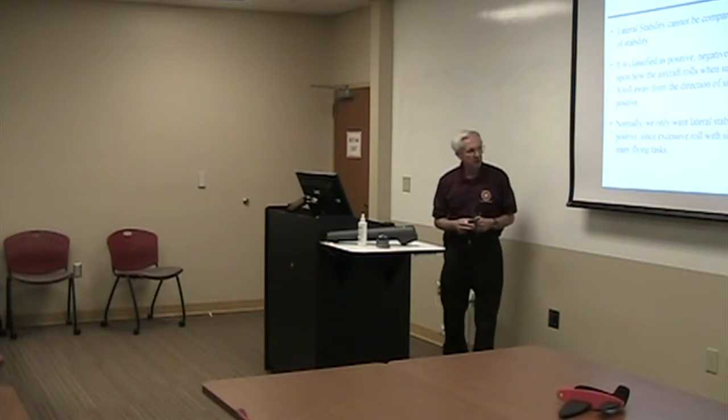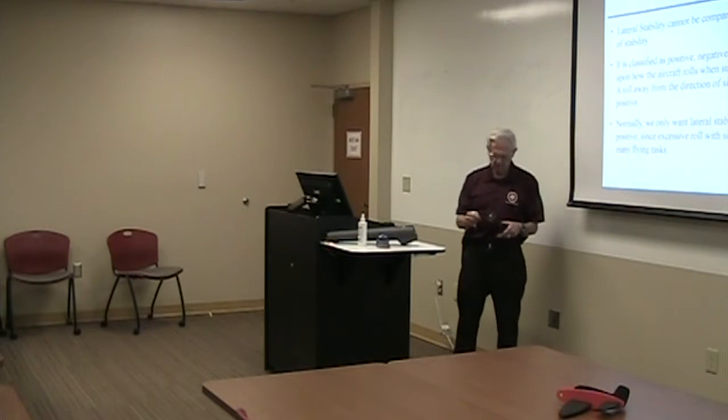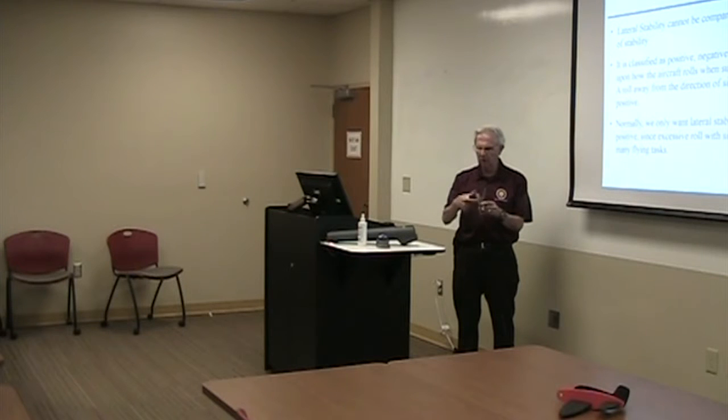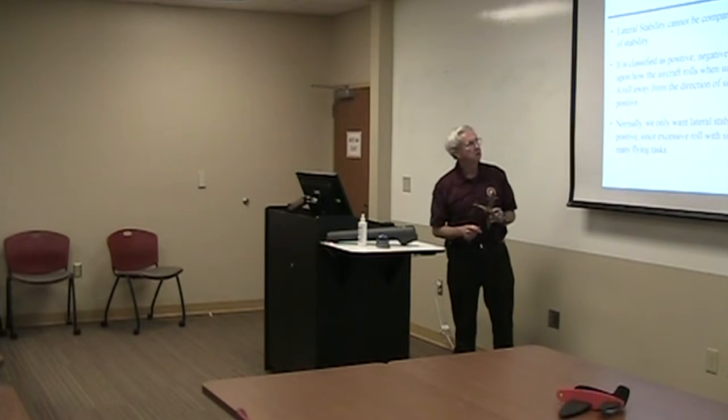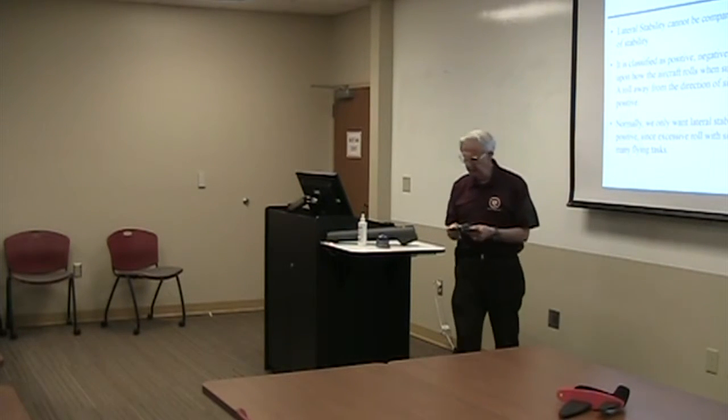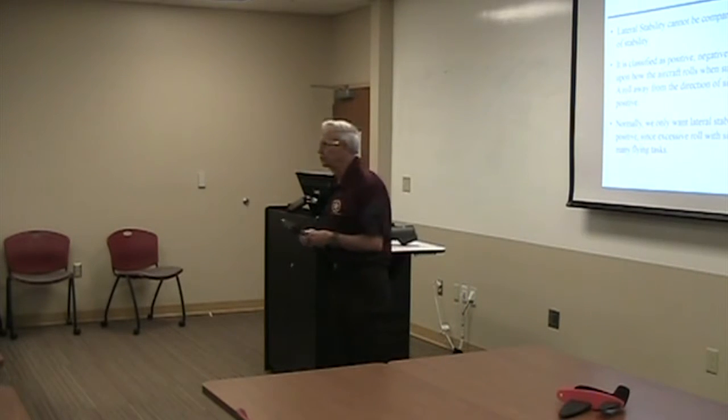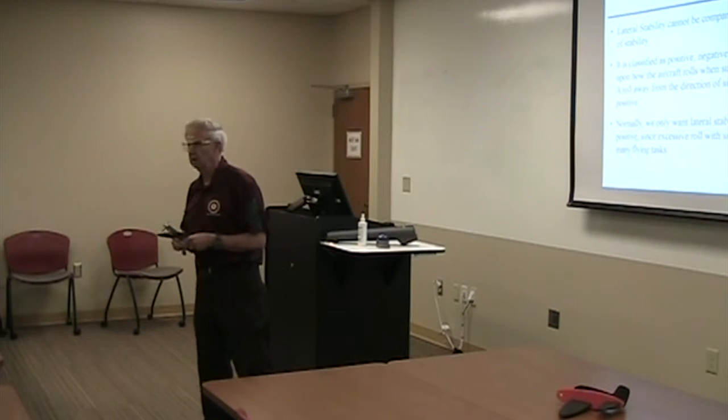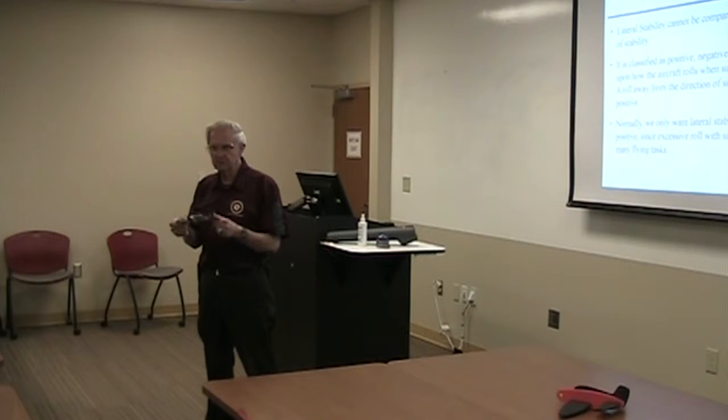Well, lateral stability, we talked about directional stability. We said we could look at it like the longitudinal. Lateral stability really is not a stability in the true sense. Lateral stability comes about due to dihedral effect.